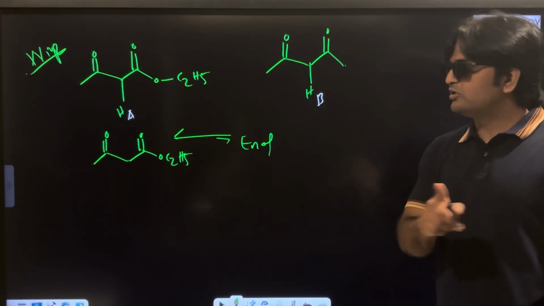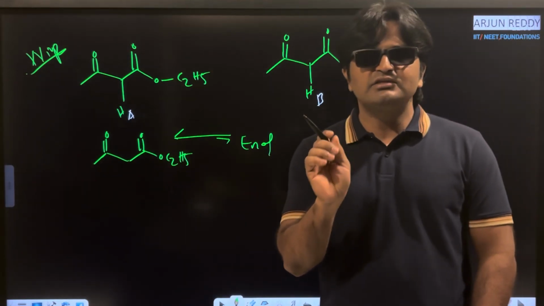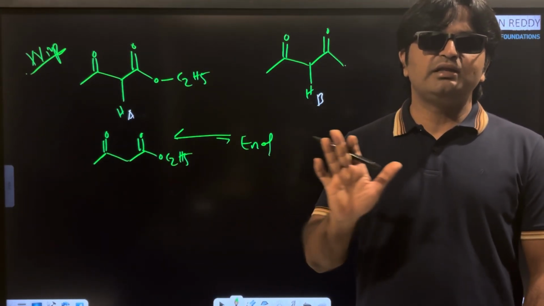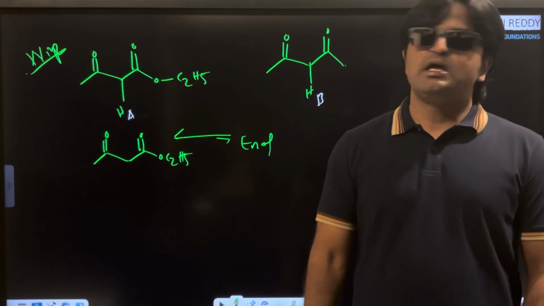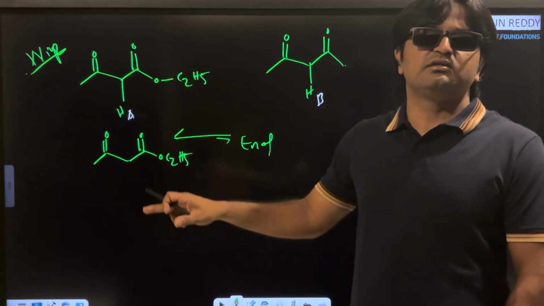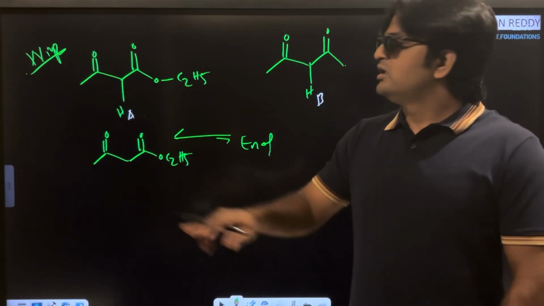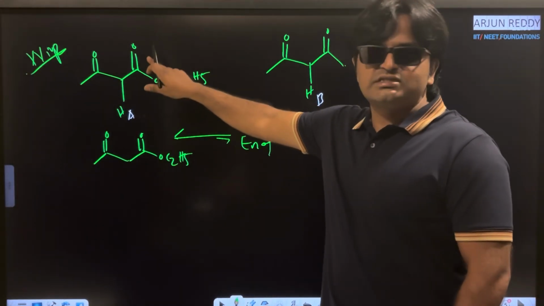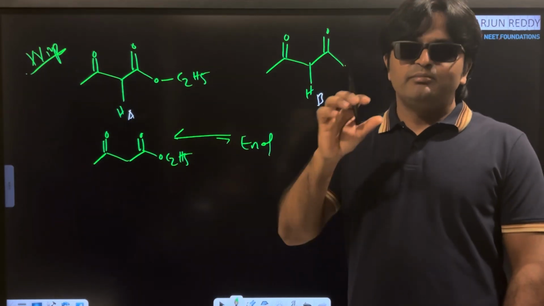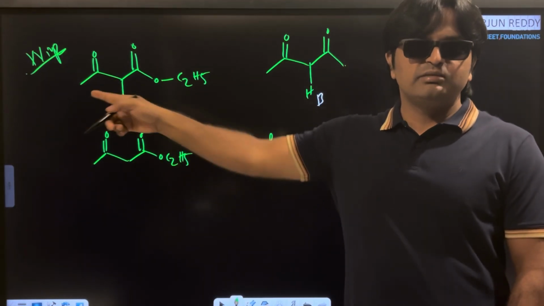Very important example: if simple 1,3-dicarbonyl compounds are given, no doubt the enol form is better than the keto form at equilibrium. But here an ester is given. Your carbonyl is part of an ester. That is not the free carbonyl. In that case, the keto form is more when compared to the enol form because of the less acidic strength of that hydrogen.